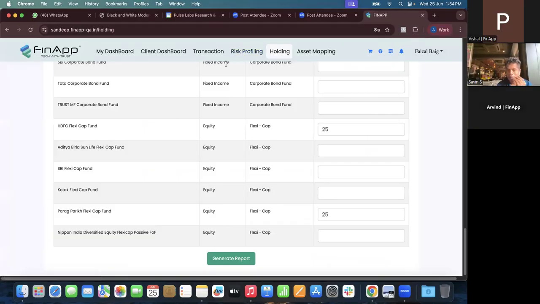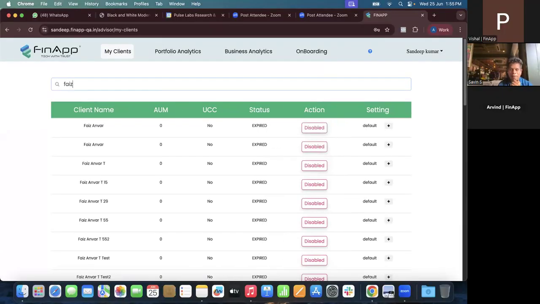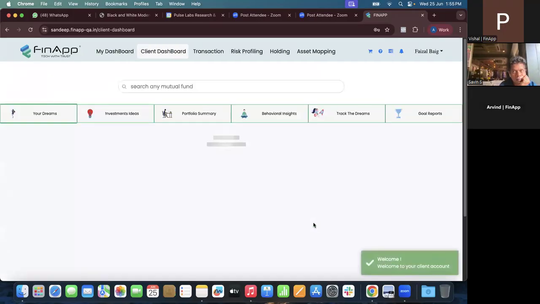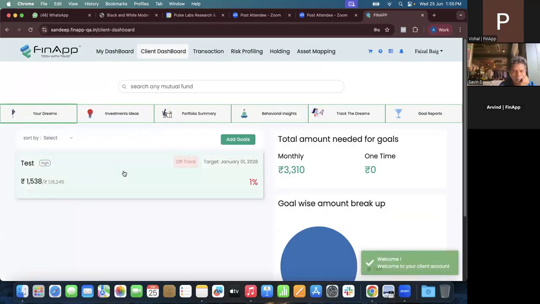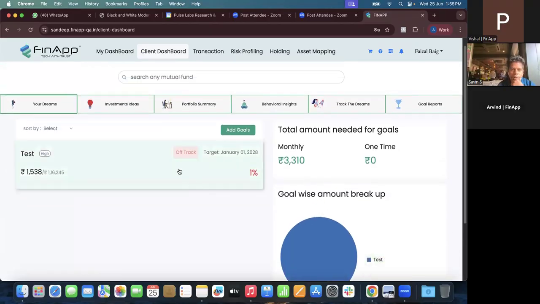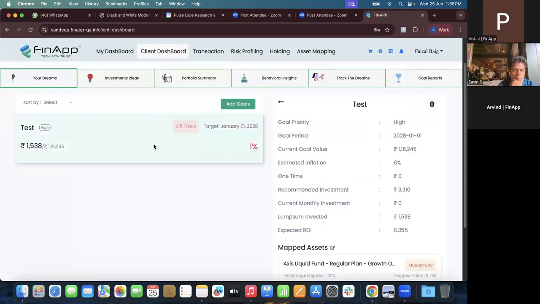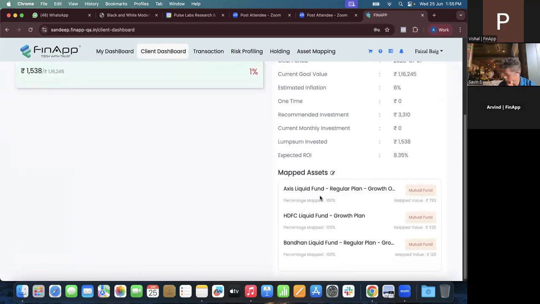Now I will do another very interesting thing which we have for our customers. This is a goal mapping tool. So if I create a goal, automatically it will map the existing funds here.